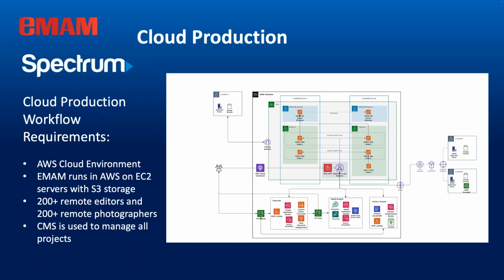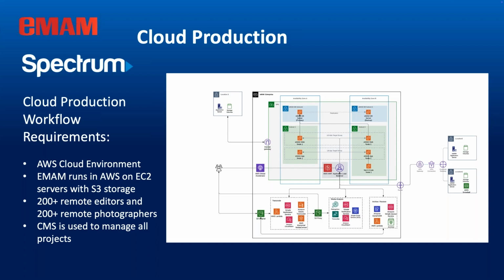And so the system has multiple EC2 servers where you can do load balancing, failover. If one of the database servers goes down, you can actually fail over to the second database server. And then you have multiple editors, multiple photographers being able to access that content, of course, through their single sign-on or through their credentials to log in and get access to the media that they need for production.